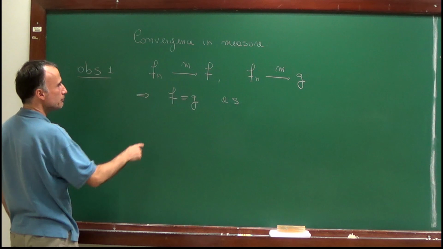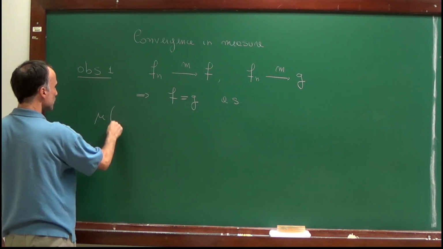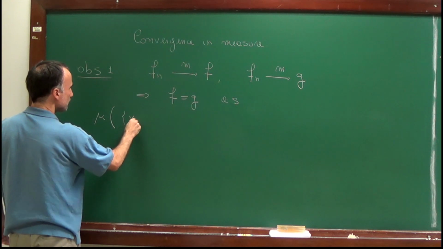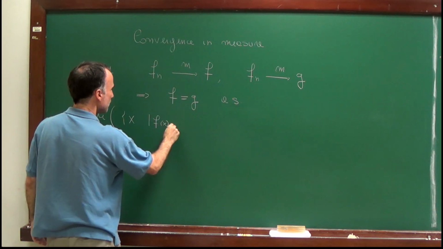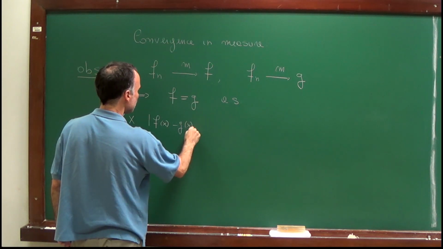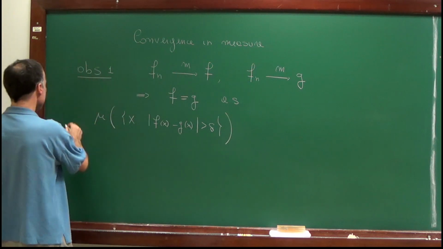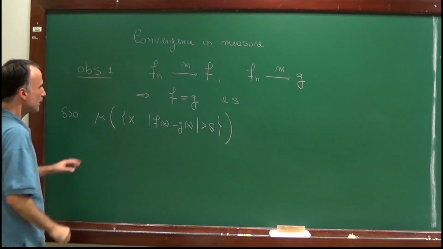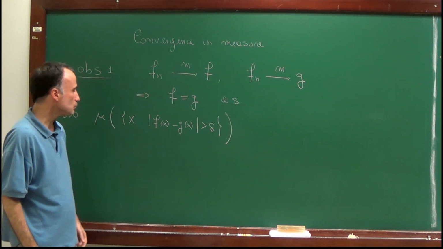To prove that f is equal to g almost everywhere, I will estimate the set of points for which f of x minus g of x is larger than delta. So I'll fix delta positive, and I will estimate this difference.